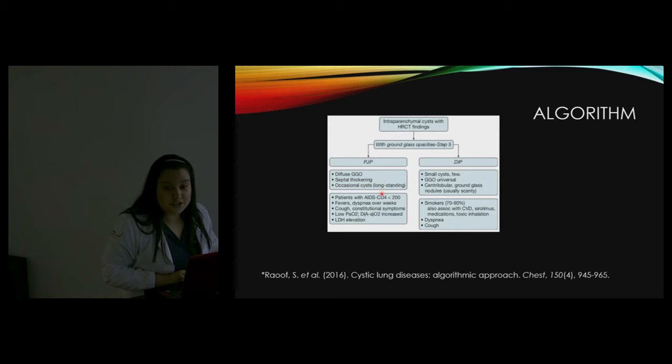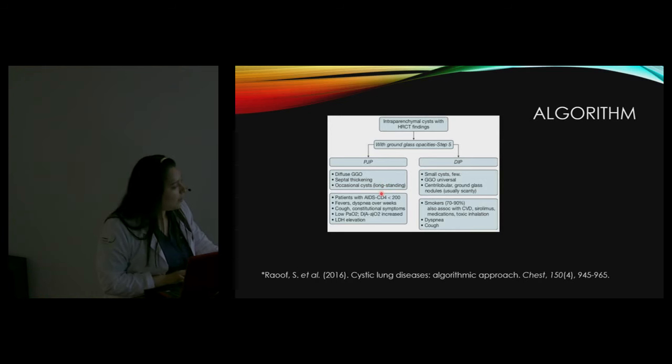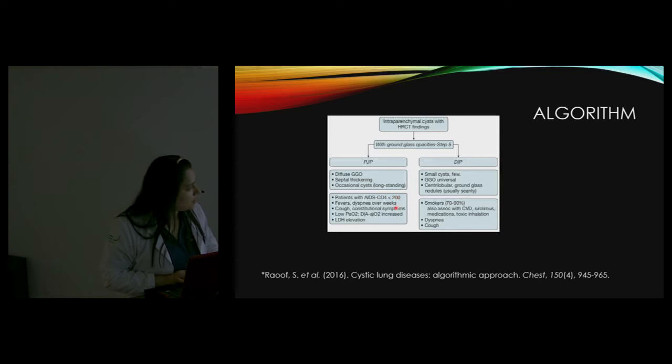It's more common in younger patients, mainly with a subacute clinical course, mostly in patients with AIDS, with a CD4 count less than 200, presenting with fevers, dyspnea, mainly over weeks, also cough, constitutional syndromes, and with a low PaO2 level, also a high LDH level.